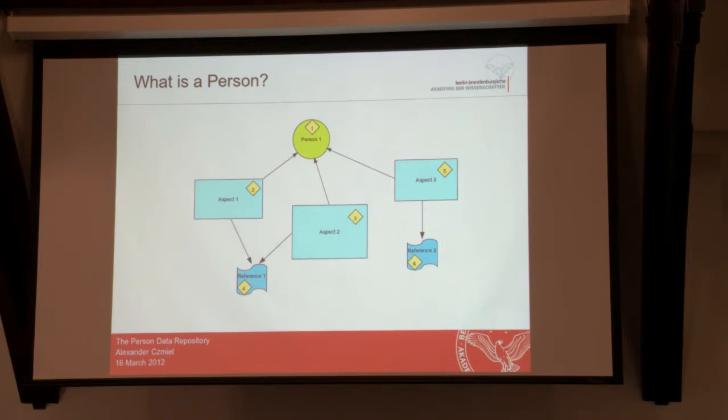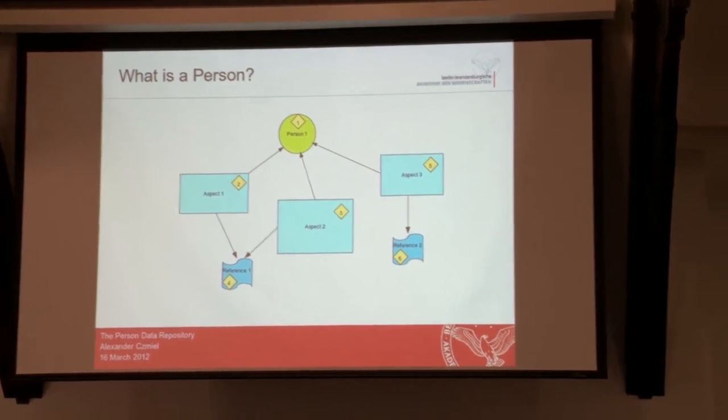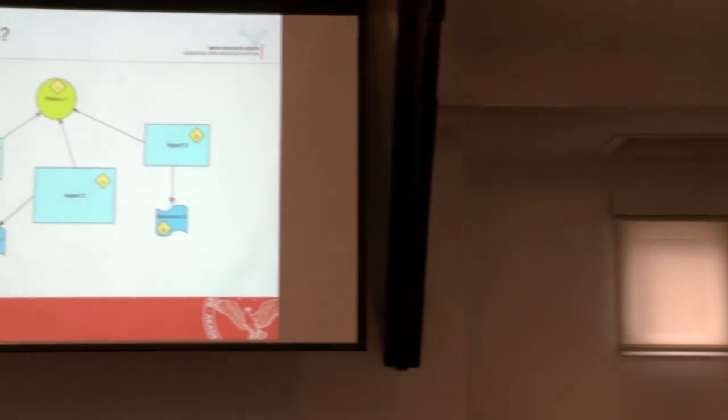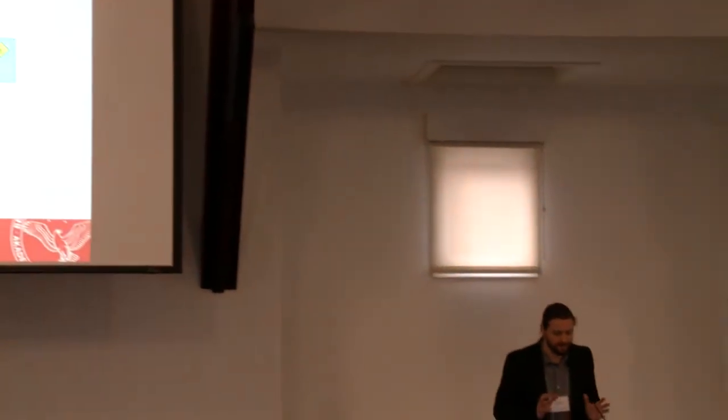So, there we have a person, the green circle. The person itself doesn't contain any information. It just has an identifier, or more identifiers. In the aspects, you have the actual information extracted from the source, and the aspects point to the source where the information comes from. So this offers the opportunity to give contradictory information as well.